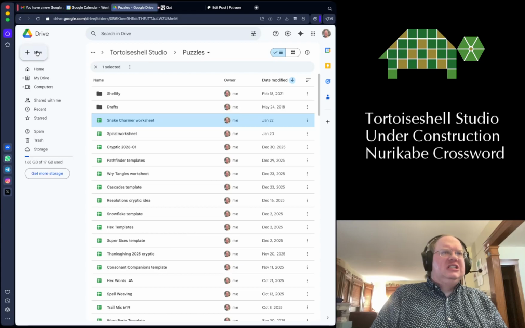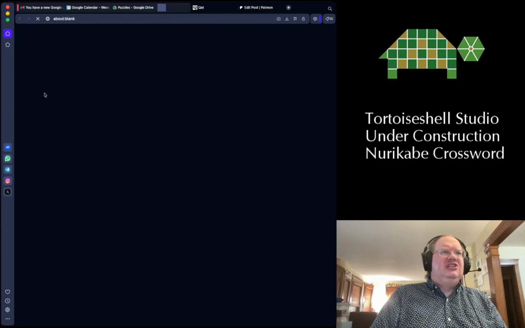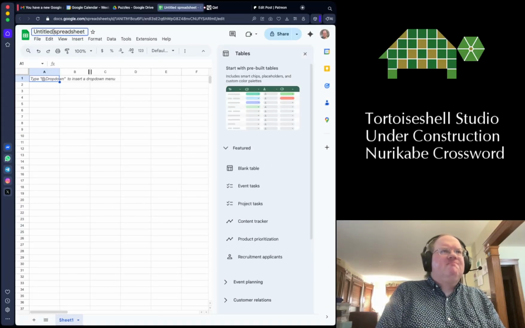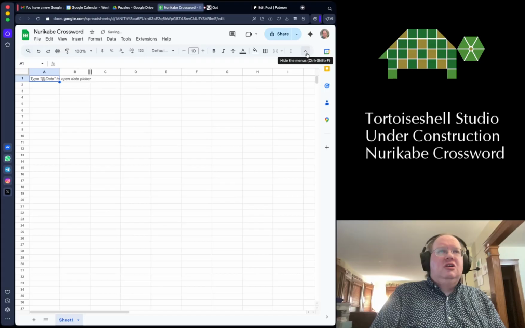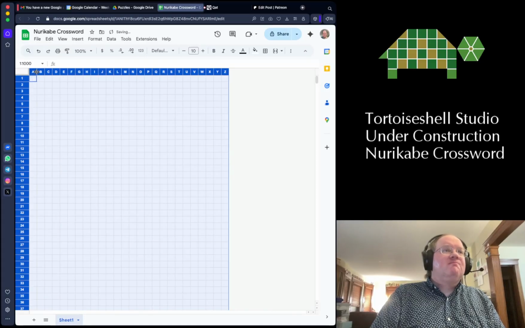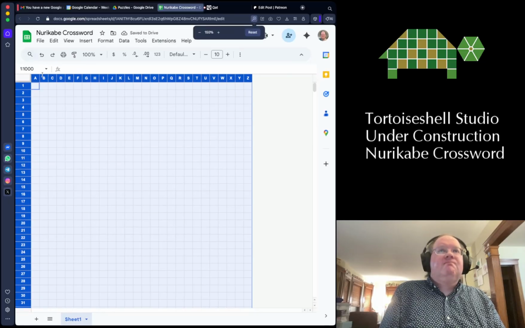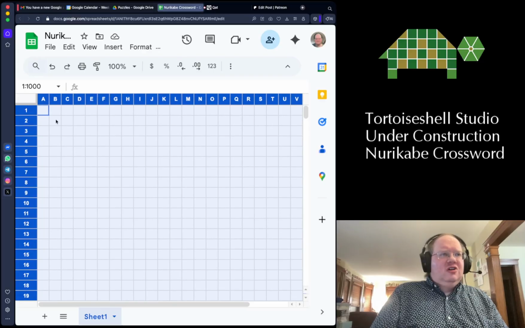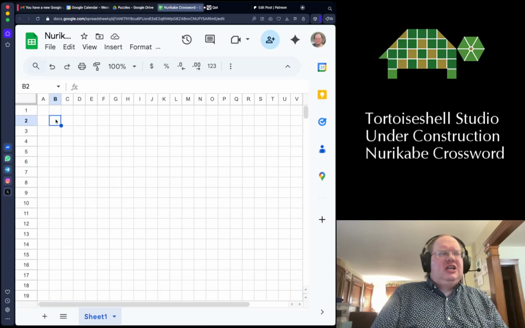So, new sheet. In a Nurikabe crossword, you start with a square grid.